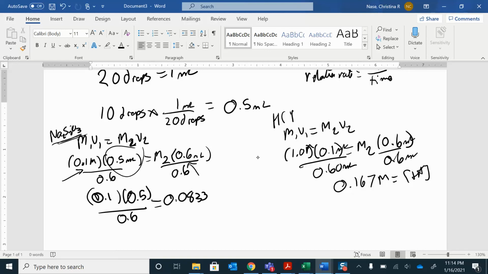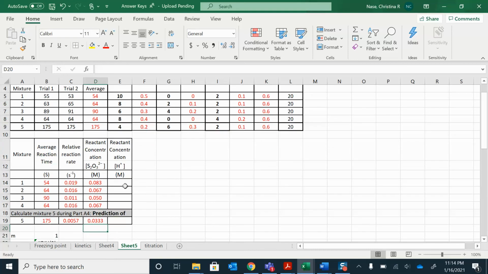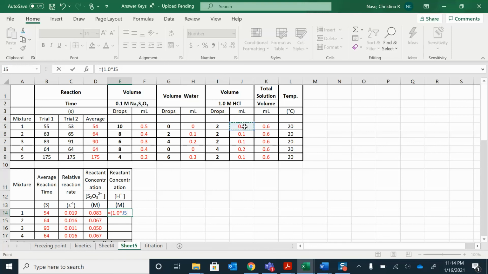So that is after I mix these two reactions together. So this is 1 times my H concentration divided by the total, let me just type that in there. 0.6. Good. So 0.167.